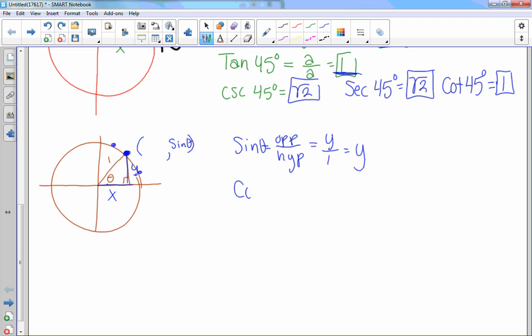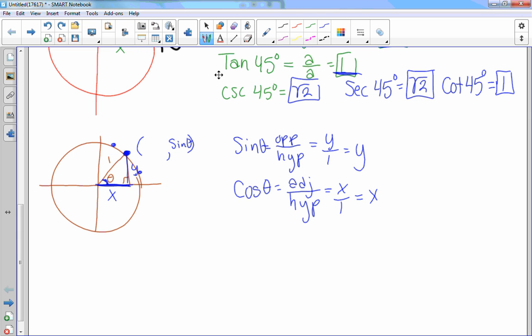What's the ratio for cosine? Adjacent over hypotenuse. So looking at one reference angle right here on the bottom left, what's the adjacent side? The adjacent side is right here, x over the hypotenuse, which is 1. So x over 1 is just x.